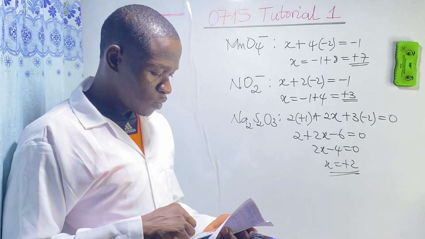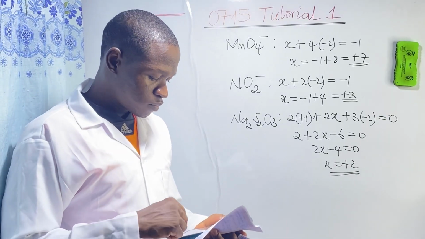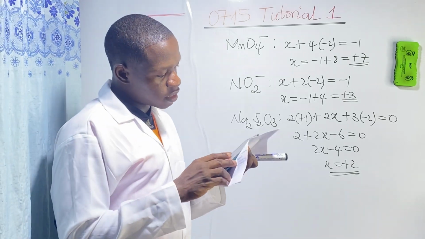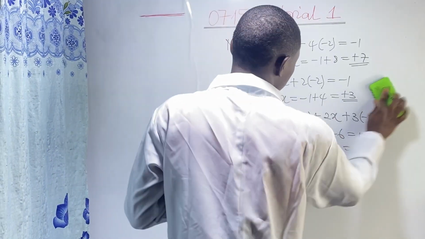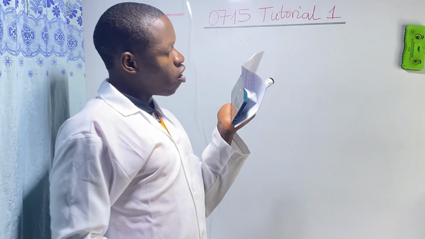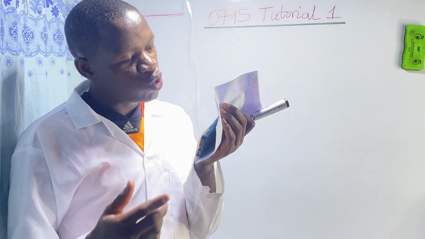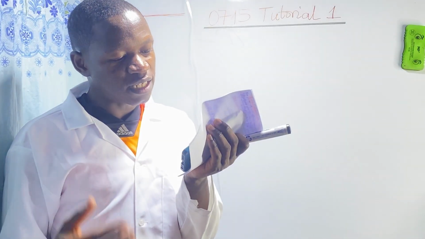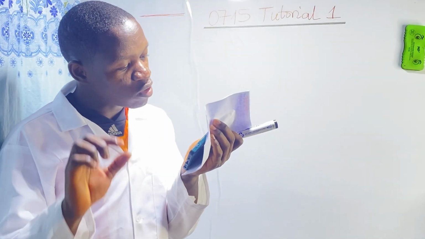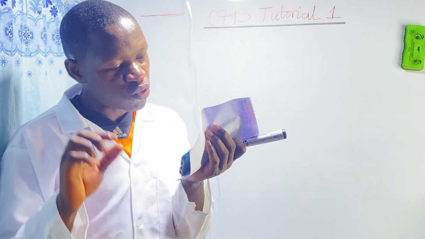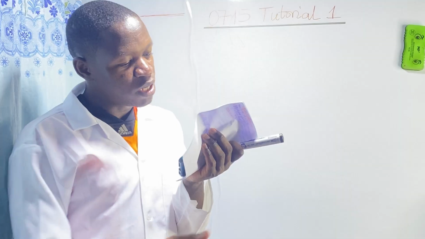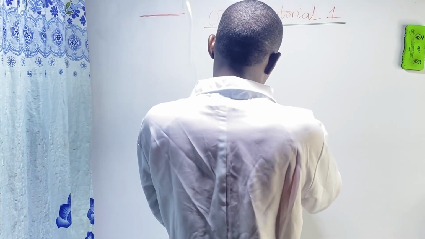The next question, we continue. The next question says that oxidation numbers are used in balancing equations of redox reactions. Given the redox reaction below, we are given this reaction.